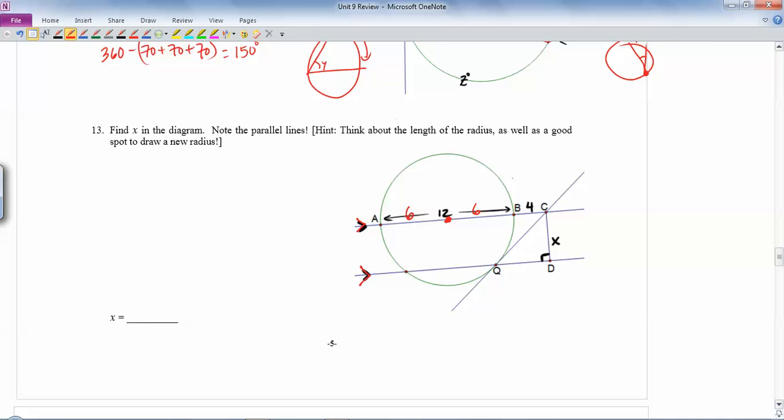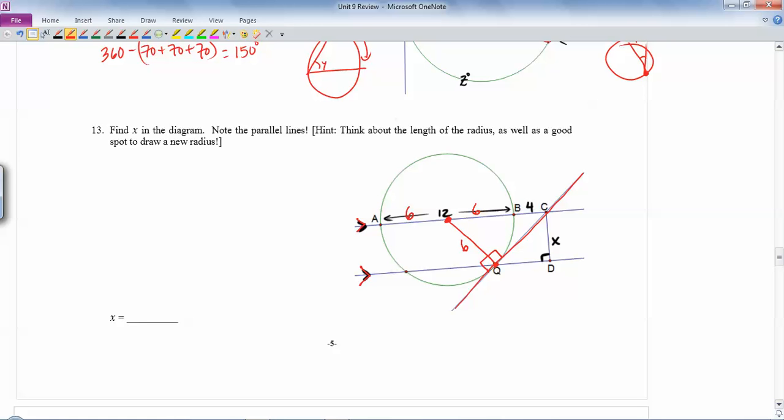Well, normally you want to connect to points that are already on your circle, and it looks like Q might be kind of an important point because it's also connected to this triangle that involves x. So if I draw in that radius, I know it's 6. And since it's a radius drawn to a tangent, I know that it's a right angle there.